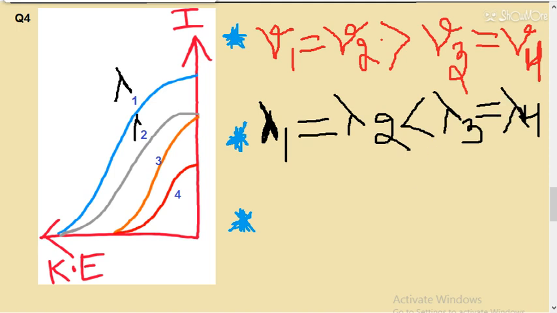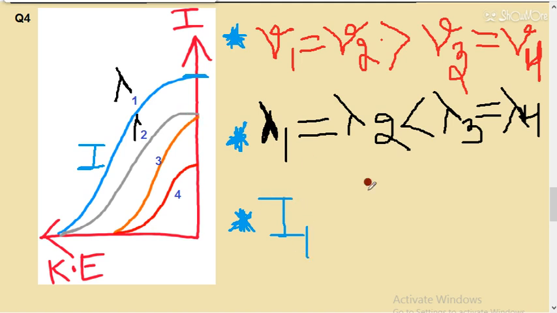Now we have to find the third one. The third one is regarding intensities. For which intensity is the current maximum? For the first radiation the intensity is maximum, so I1 is the greatest.